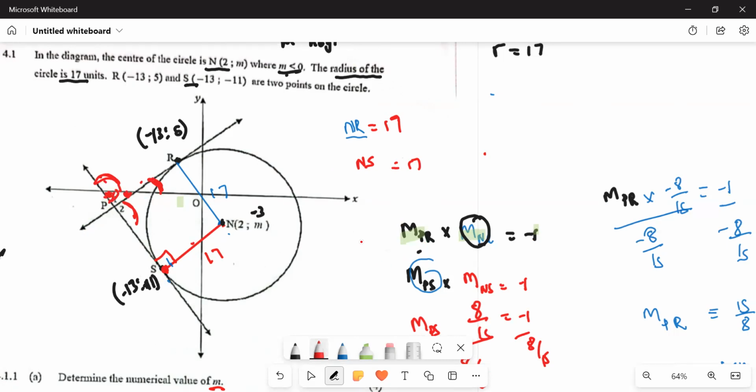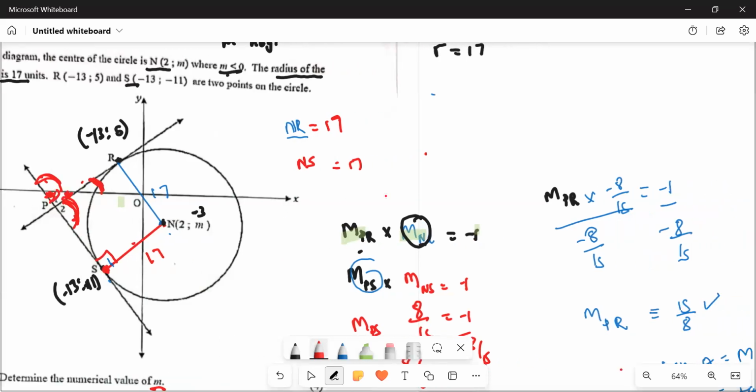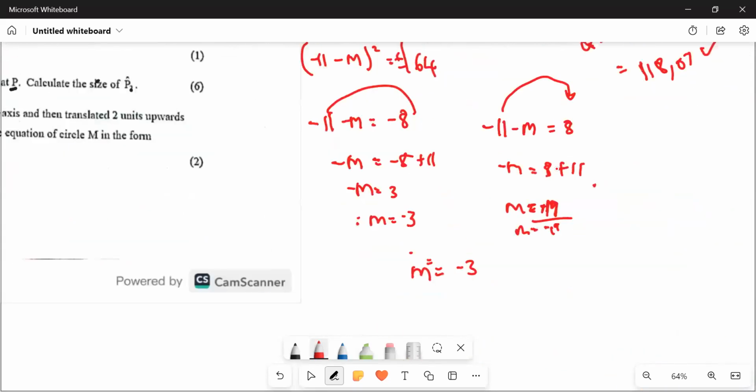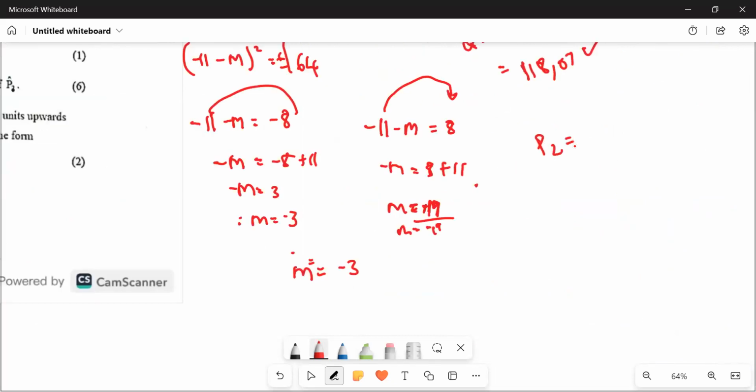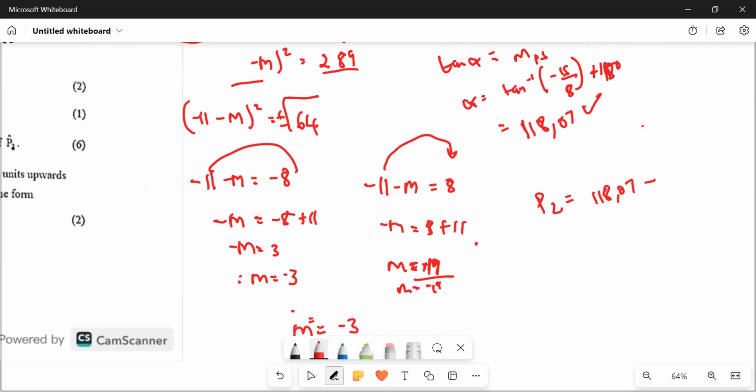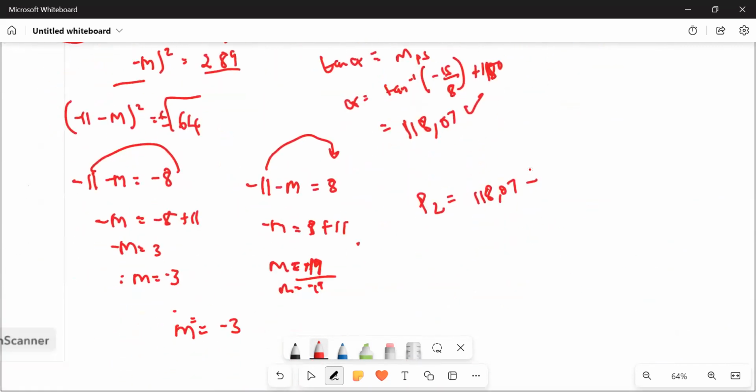Now, the skill we are using here: to check if this angle is acute or obtuse, what kind of an angle does this look like? Does it look acute or obtuse? Acute. Okay, P2 then. P2 is going to be equal to 118,07 minus 61,93.